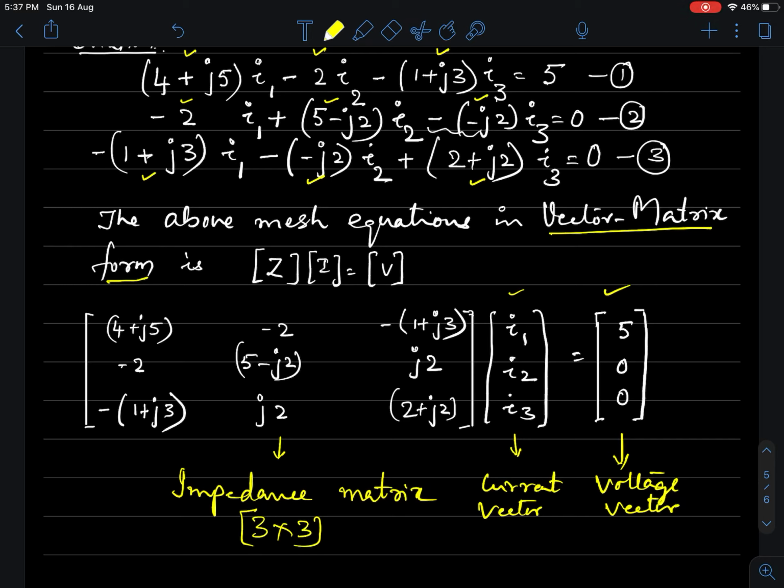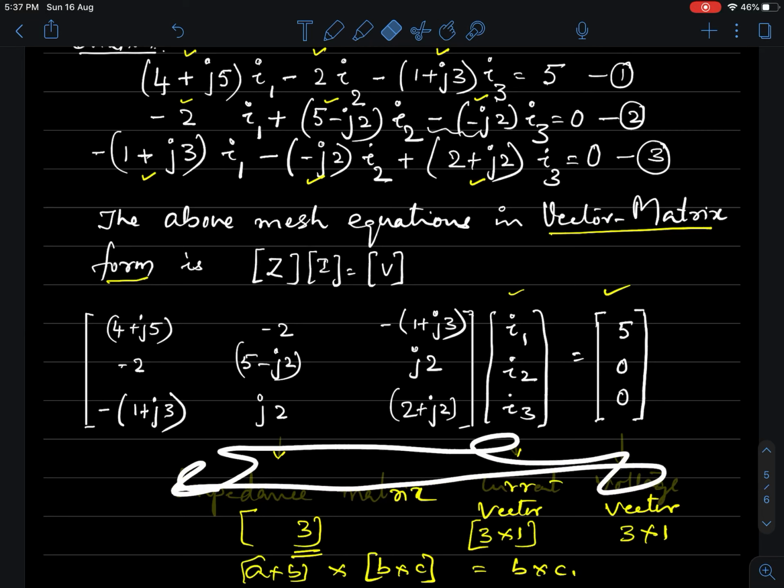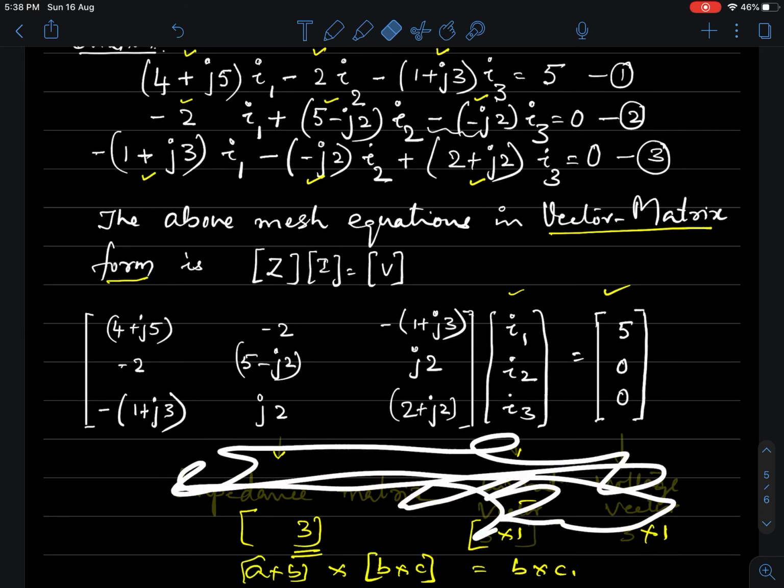The current vector is 3 rows and 1 column. The resultant is again going to be 3 rows and 1 column. It is A by B multiplied with B by C gives A by C. That's how you get the multiplication of matrices. This is how we identify the various components of the equation.